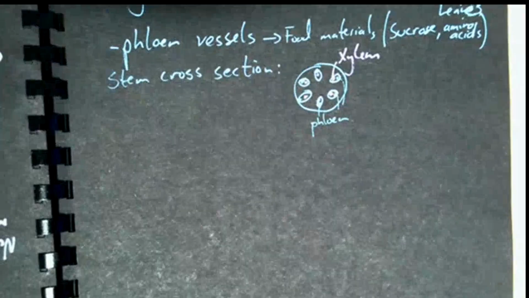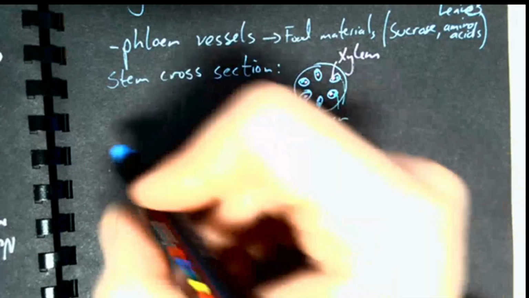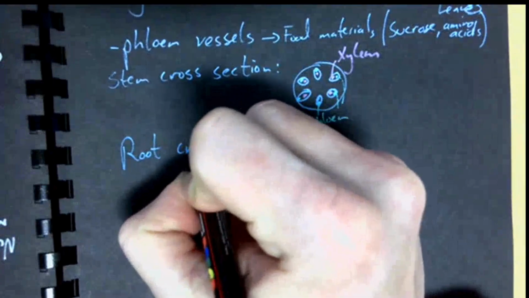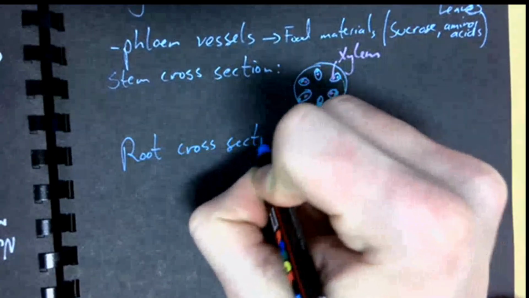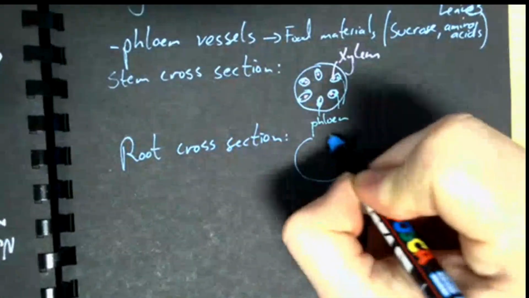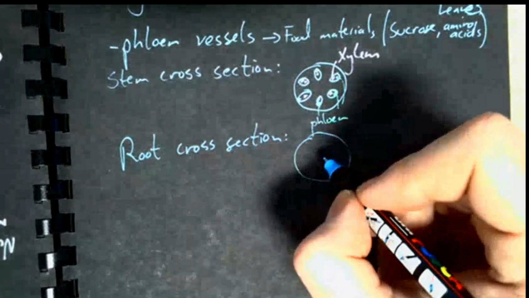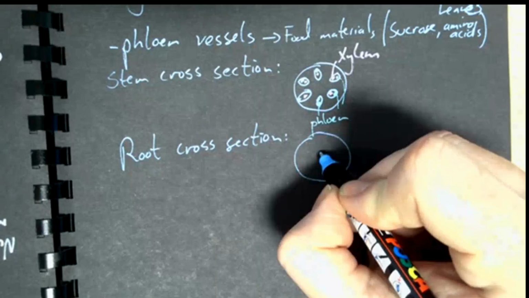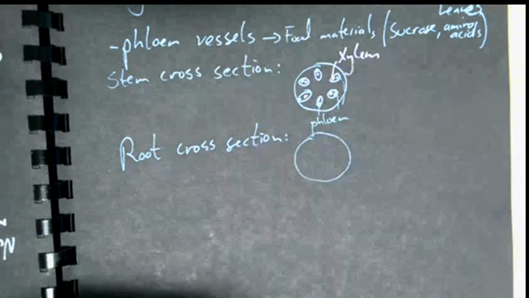And then we could do the same through the root. Again, I'm going to slice through a root and look down inside it. And in this instance, the vascular bundle is going to be found right in the center.